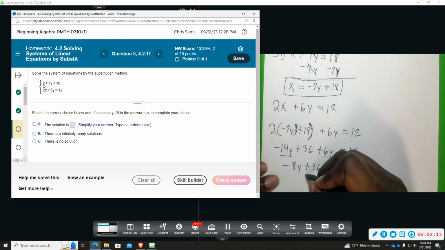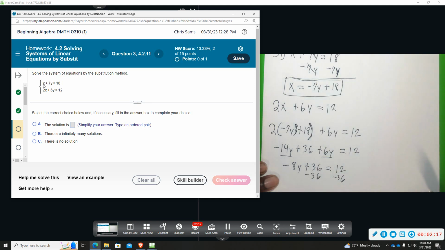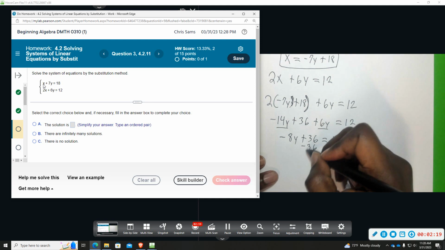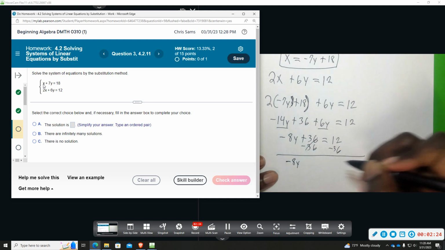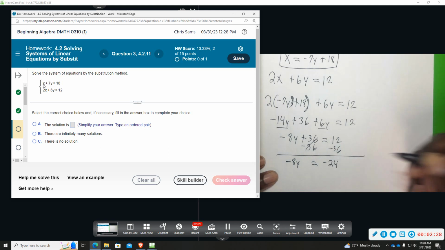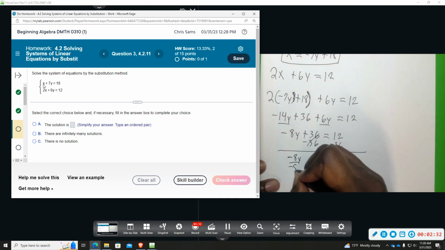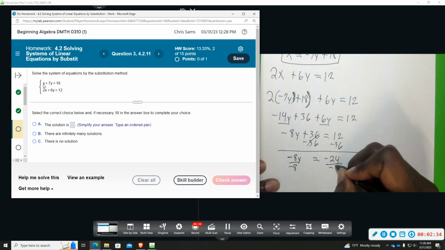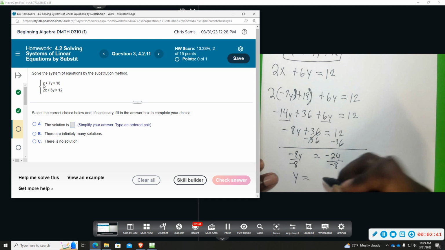We're going to subtract 36 to get y by itself. And it's going to give me a negative 8y equals negative 24. And then we're going to divide by negative 8. And then I get y equals positive 3.